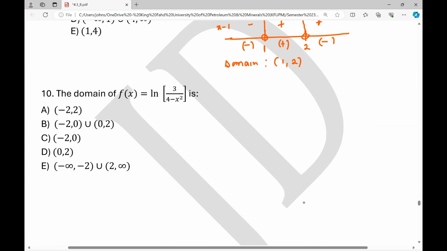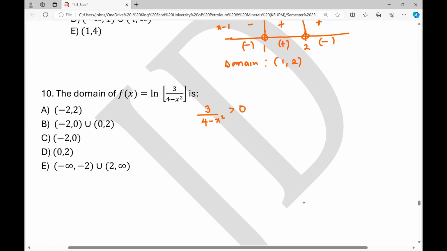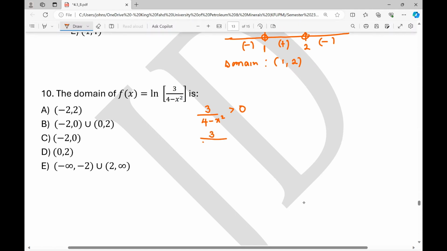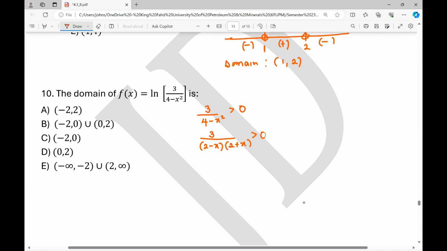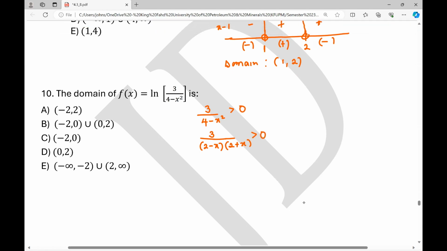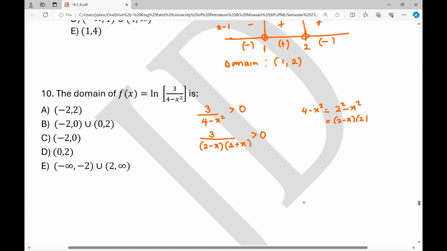All right, so here is also the same story. You just need to find 3 over (4 minus x squared) to be greater than 0. If you look at this, the denominator is 2 squared minus x squared, a difference of two squares, which becomes (2 minus x)(2 plus x).